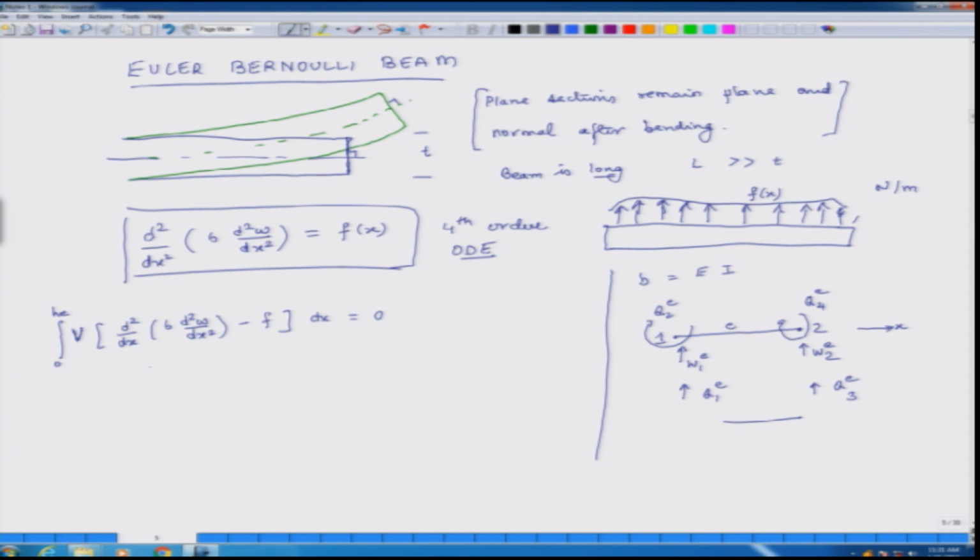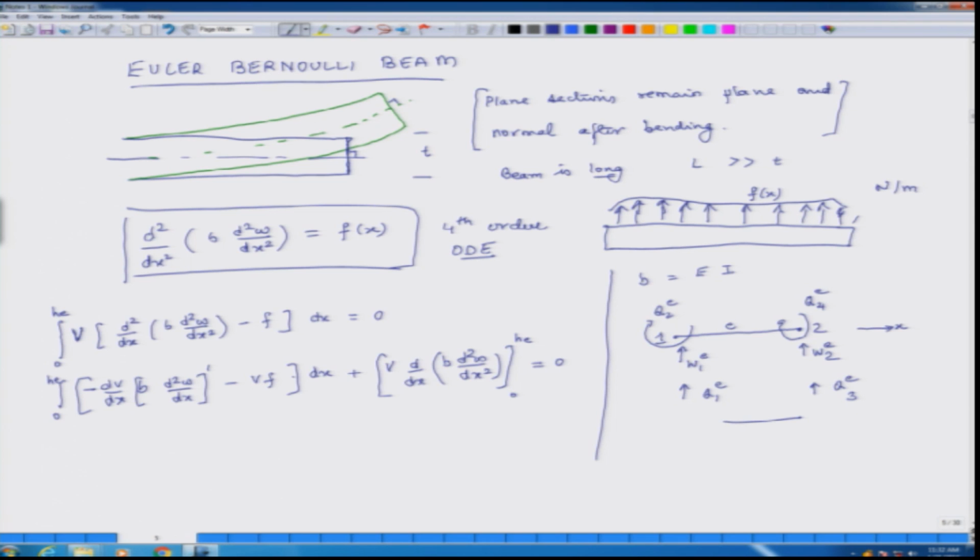So, I do my integration by parts once, and I get the integral from 0 to HE of minus dV over dx times B d2W over dx square, where the entire thing is now differentiated only once, minus Vf dx, and then I get a boundary term plus V times d by dx of B d2W over dx square, evaluated at 2 locations 0 and HE, and this entire thing becomes 0.